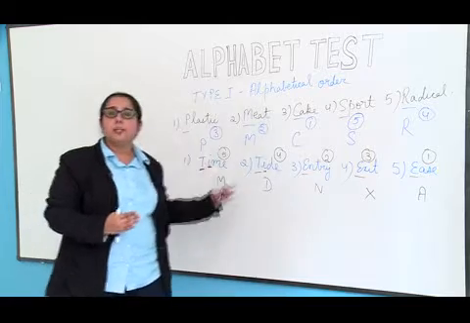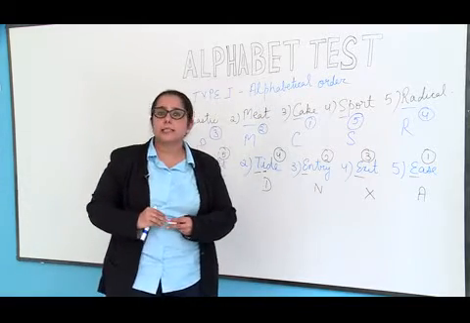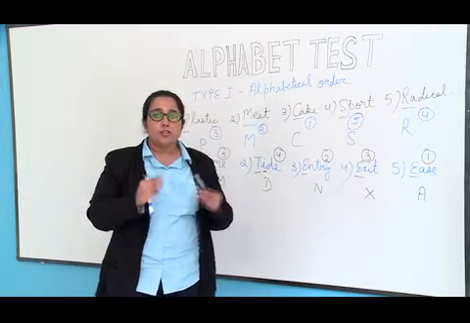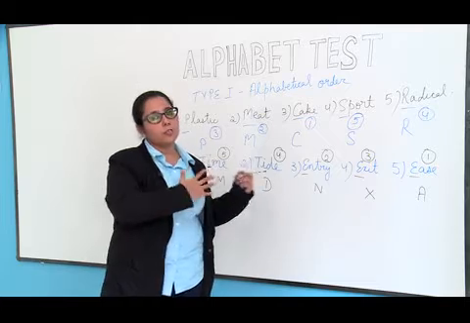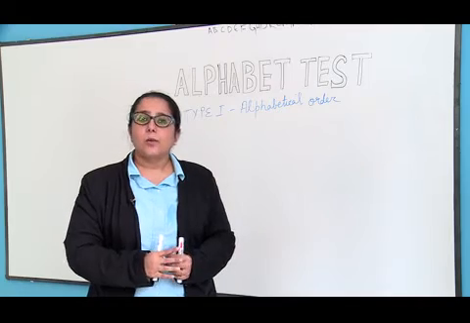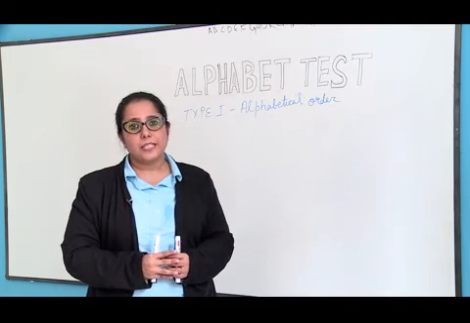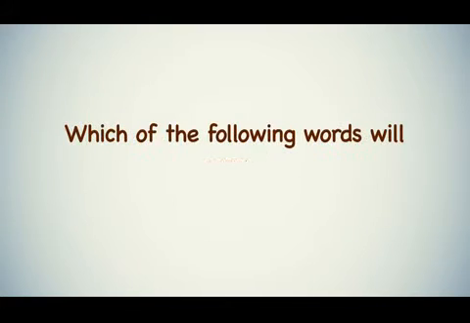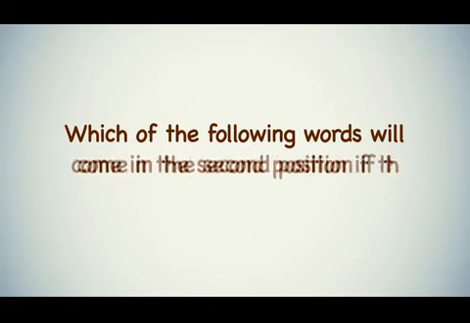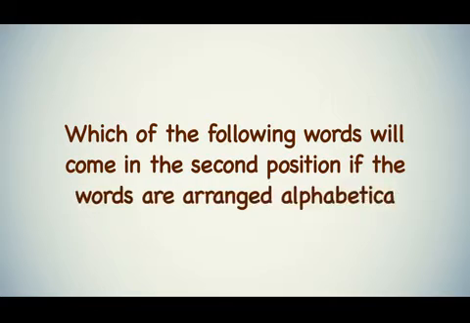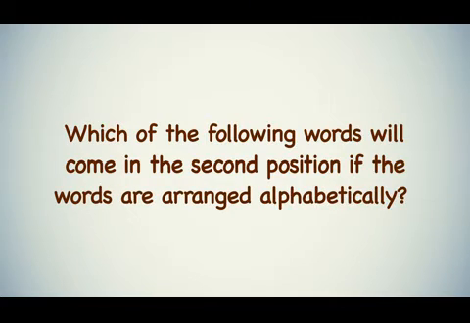So these are basically two categories of questions which are asked in alphabetical order. So now we are going to solve 5 questions on this category. Now we'll begin with the first question of alphabetical order, which says, which of the following words will come in the second position if the words are arranged alphabetically?